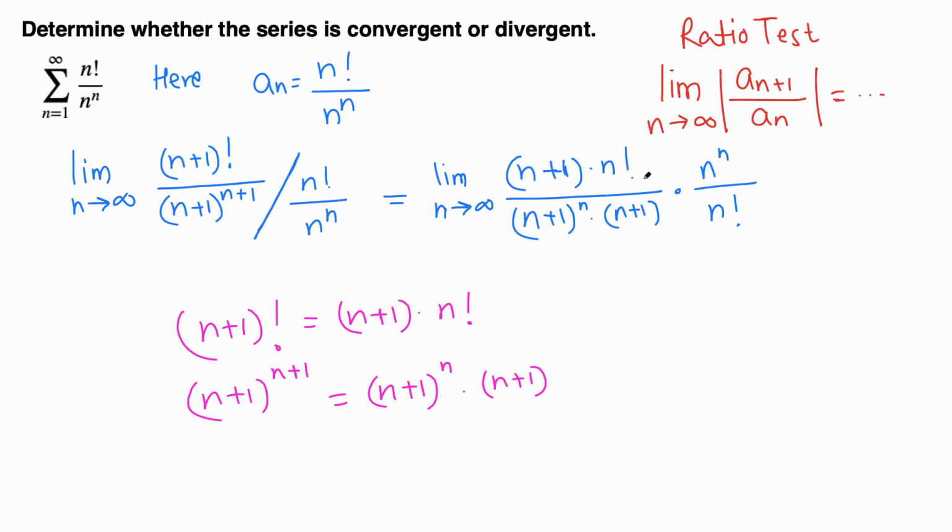Now you can see n factorial on the top and bottom cancel. Here we have n raised to n, here (n+1) raised to n, and (n+1) on the top and bottom, so we can cancel those as well. Now we have the limit as n goes to infinity of n raised to n over (n+1) raised to n.